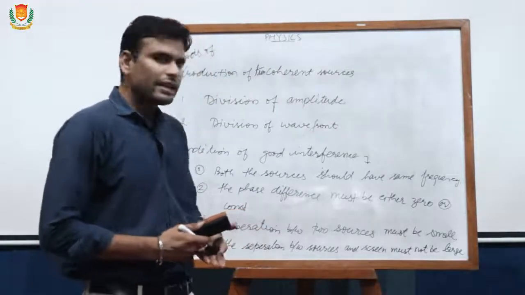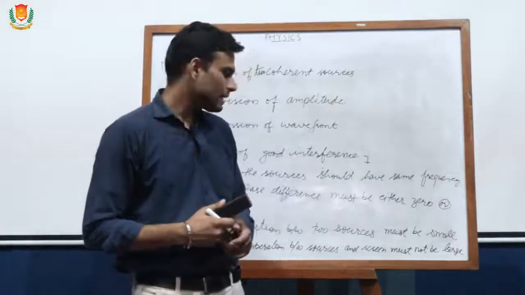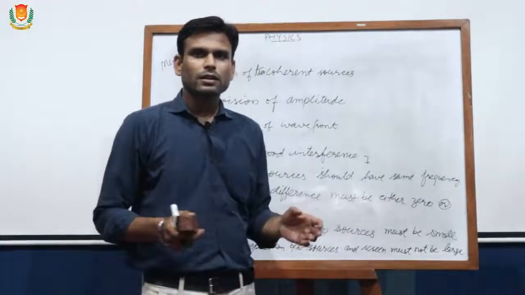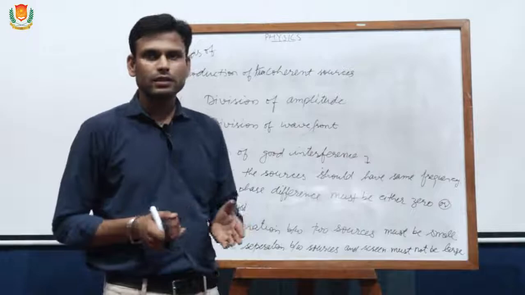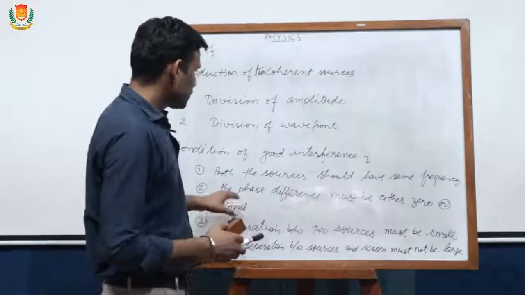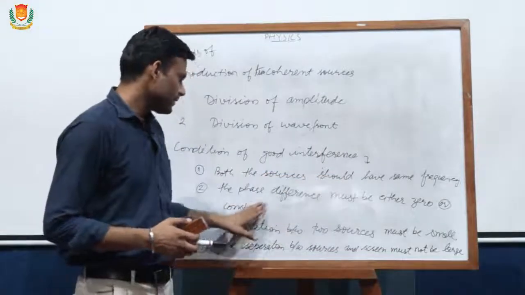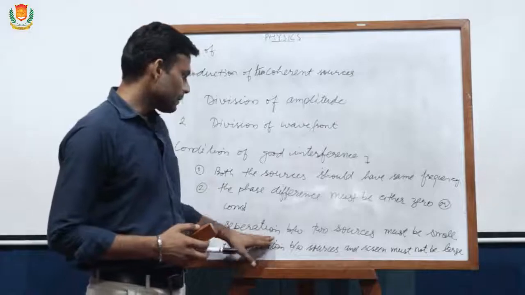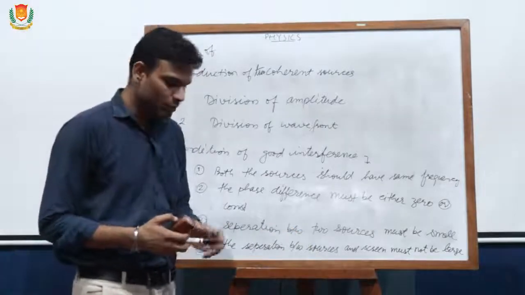The sources by which we are producing the interference pattern, and the screen at which we are getting the interference pattern, must not be far apart. So both sources have the same frequency, the phase difference must be either 0 or constant, and the separation between the two sources must be small.